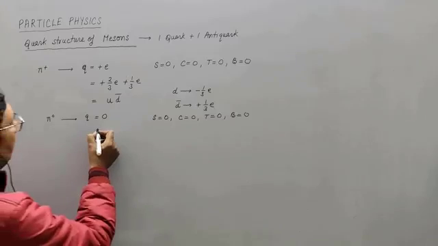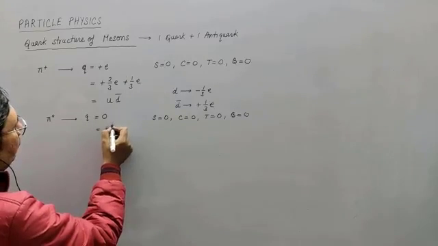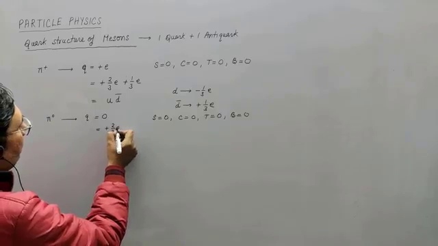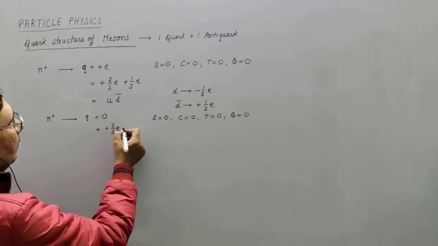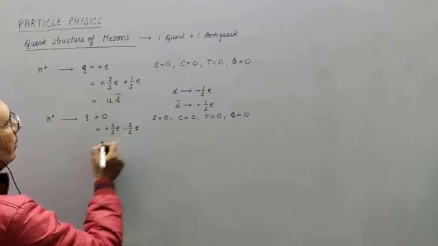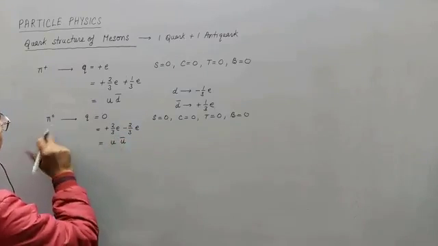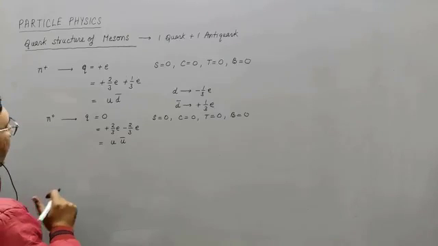We can find it in two ways. First, it can be plus 2 by 3E and minus 2 by 3E. So this will be U U bar. It can be the internal structure of this pi naught.